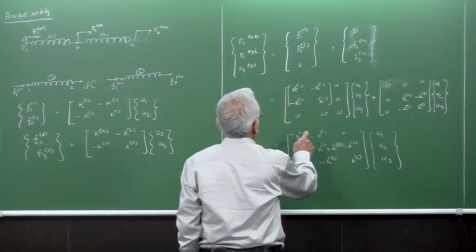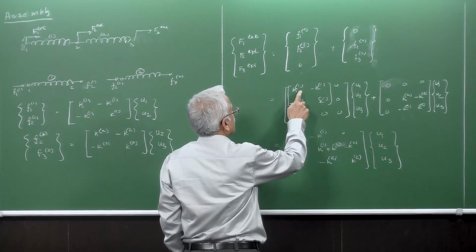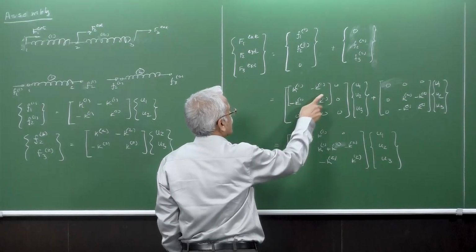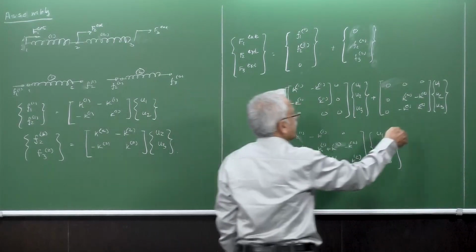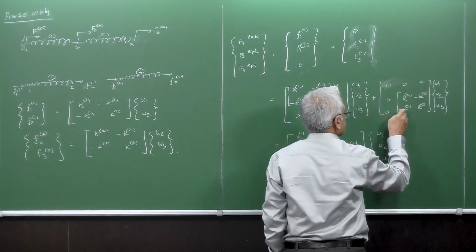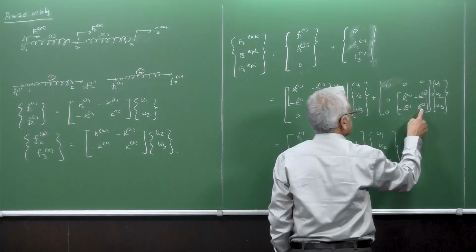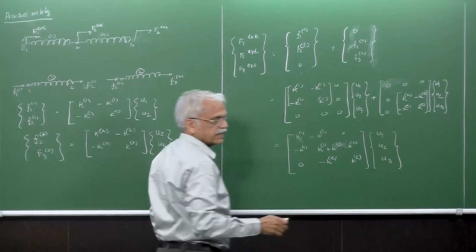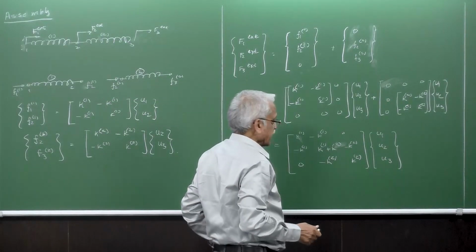What we are saying is that the 2 by 2, the first row and second row, first column and second column, are coming from element 1. Whereas these 2,2, 2,3, 3,2, 3,3 entries are coming from element 2, and then they are added like this. So this is another way of looking at our assembly procedure.